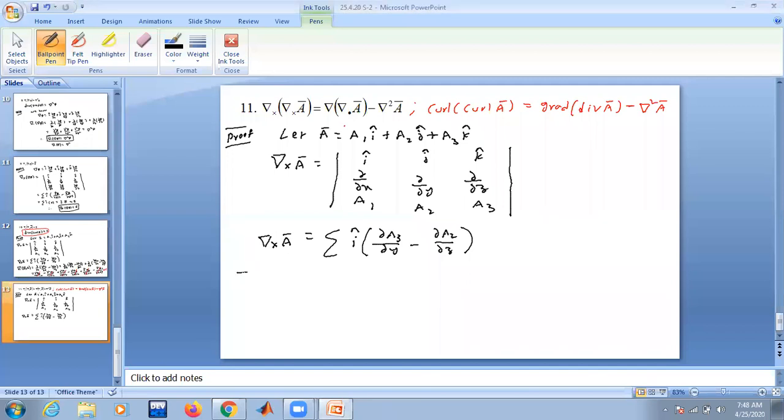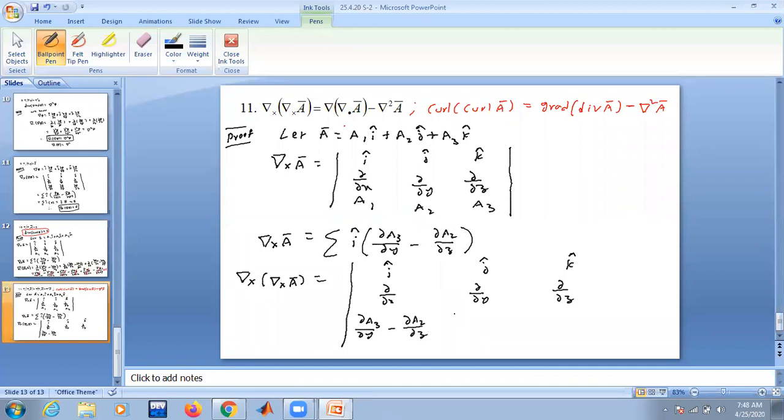So what is del cross of del cross A bar? Again apply the determinant formula: I bar, J bar, K bar, dou by dou x, dou by dou y, dou by dou z. What is the first component of curl A bar? Dou a3 by dou y minus dou a2 by dou z.